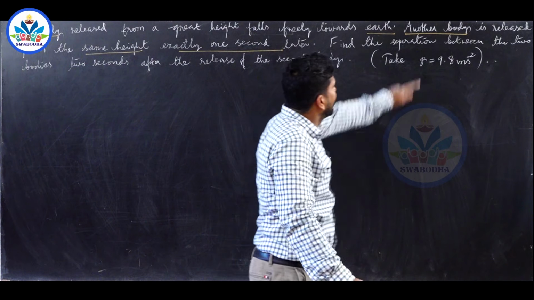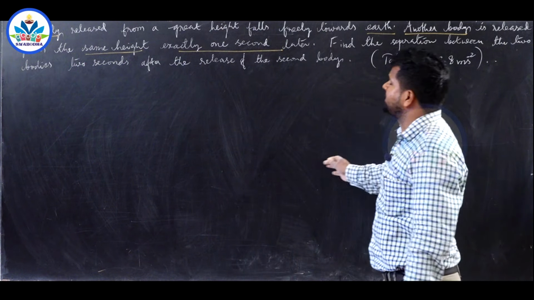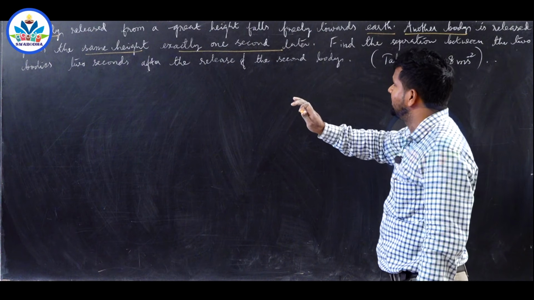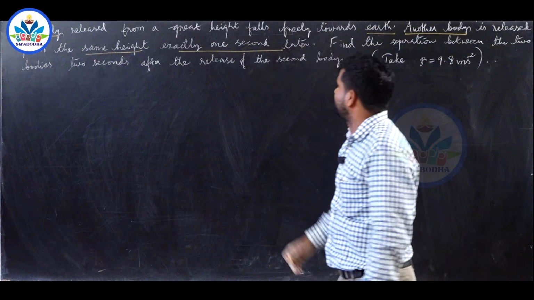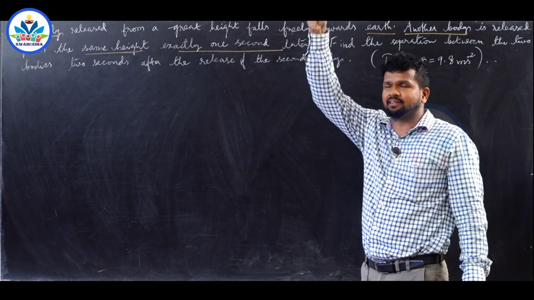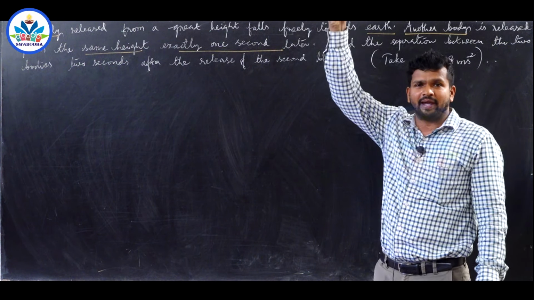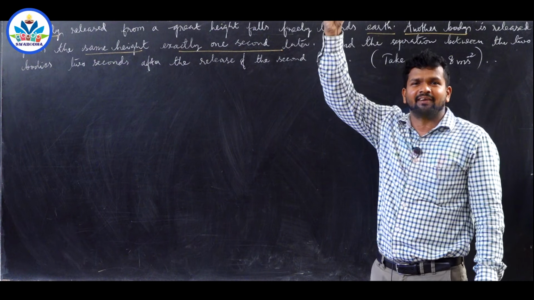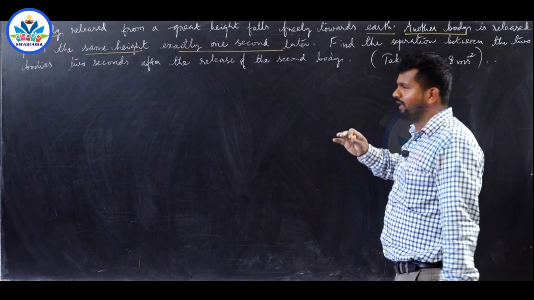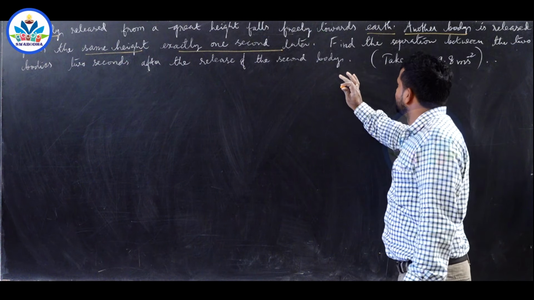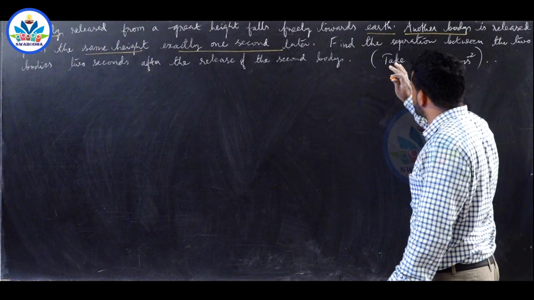It's common sense. Another body is released from the same height, but not together, not simultaneously, 1 second later. Imagine one body is released from here. After 1 second, from the same height, another body is released. You just try to imagine, only then things become so easy.